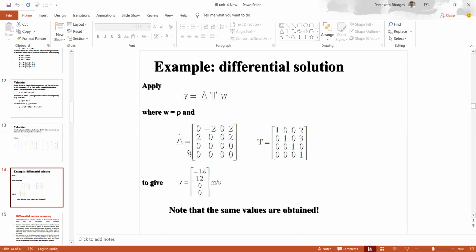Here U is equal to delta, and T is equal to this product, with a combination of cross calculation. Now the same values are obtained. These are the most common examples in university questions also. You can be asked this type of question.